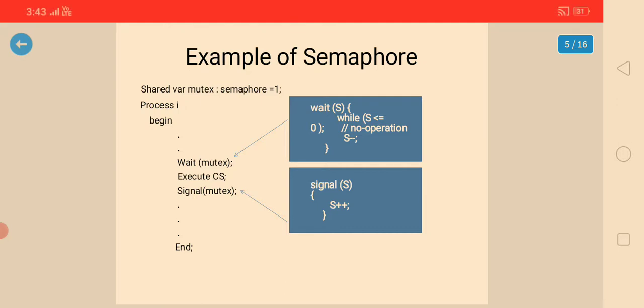While S is not equal to 0, no operation is performed here. Then S minus minus, and it executes the critical section. Then signal(mutex): signal(S), open brace, S plus plus. After executing the critical section, there is no process in the critical section, so the signal increments the value. Then it ends, and it starts again with the same process until the processes end.